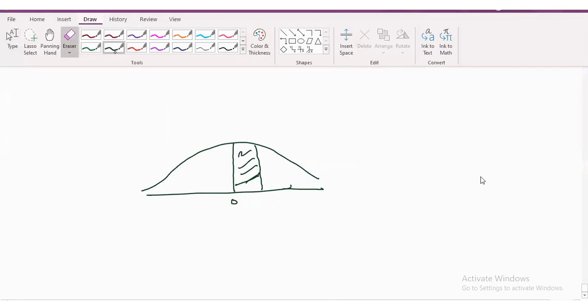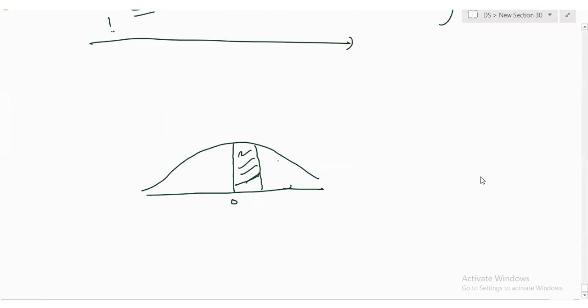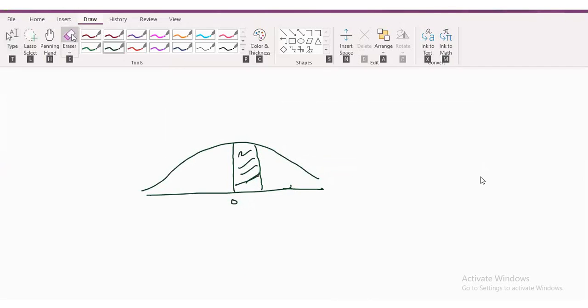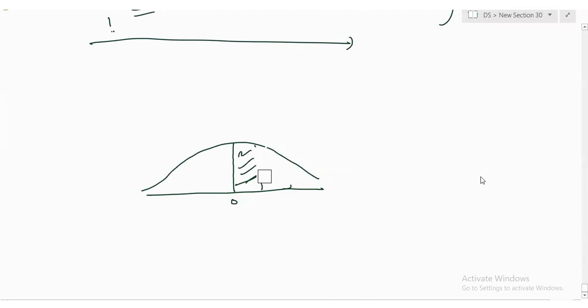First, this table is giving the area from 0 to a particular value. The particular value could be 1, or 2, or whatever it is. Let's say this is 2.